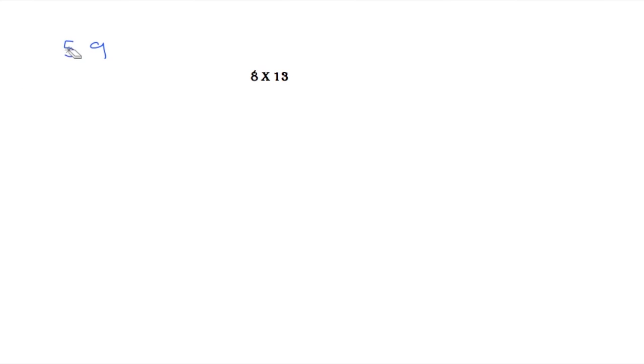So now we're going to break down 8 times 13. So first thing is we're going to leave this 8 alone. We're going to break down the 13. So 8 times 10 plus 3. Sorry, I got them mixed up. This is supposed to be a times symbol.